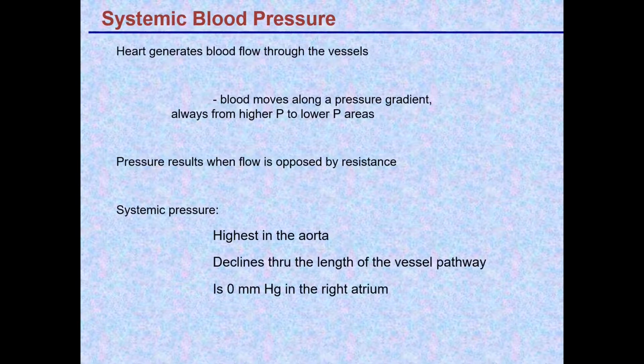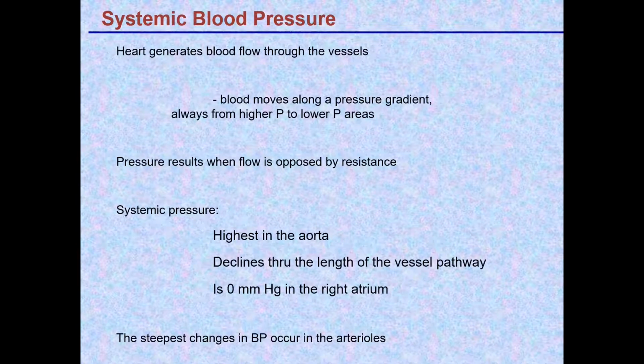So when we look at the overall vasculature, we have the heart generating flow by generating a higher pressure area as it contracts and pumps the blood out, and the blood will move along the pressure gradient from higher to lower pressure. And that flow is affected by how much resistance it meets.